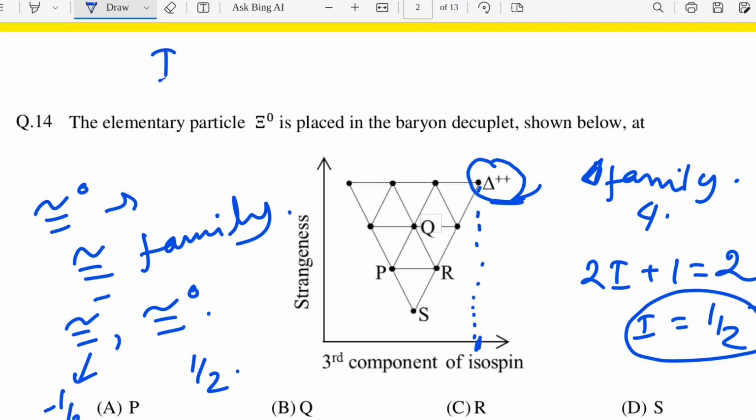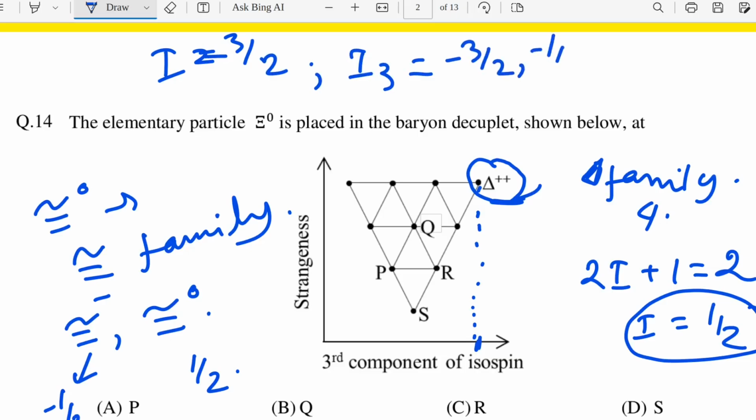So if I is 3 by 2, then I3 will have values from minus 3 by 2, minus half, up to 3 by 2. As it is the rightmost one, obviously it will be 3 by 2.